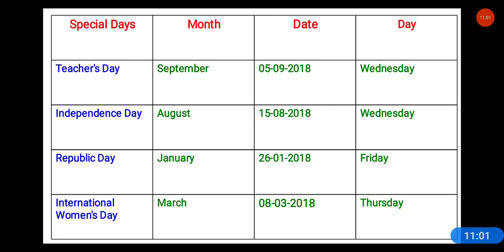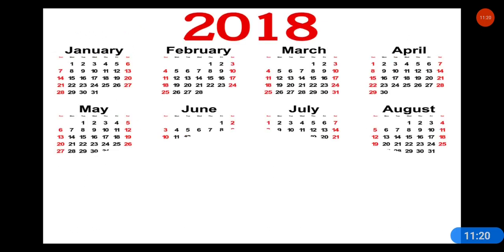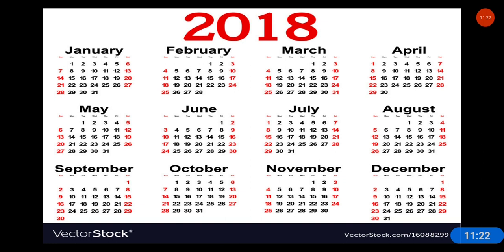But the day may change. In that year it was on Wednesday. In the next year it will be on Thursday or Friday or Tuesday. Right? Have you got the idea? Let me show you in the calendar. This is the 2018 calendar. Look at here.